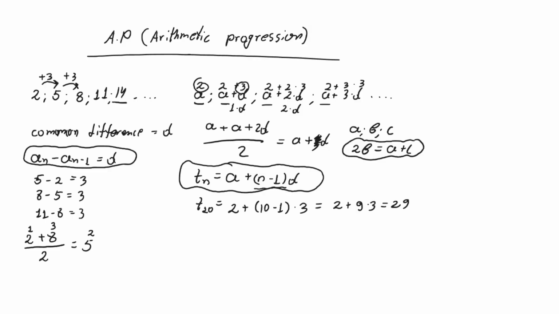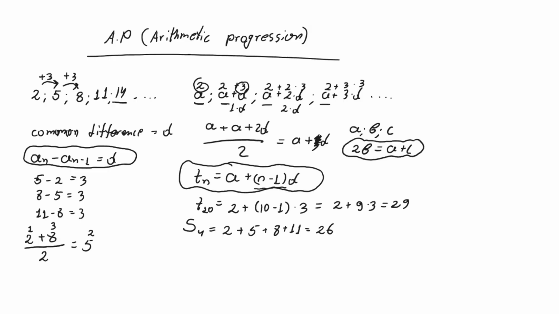And what do we have left? If we want to find the sum of the first n terms, for example, the sum of the first 4 terms, it will be 2 plus 5 plus 8 plus 11, and it's 26, and it's very easy. But again, if we want to find the sum of the first 100 terms, it would be hard.